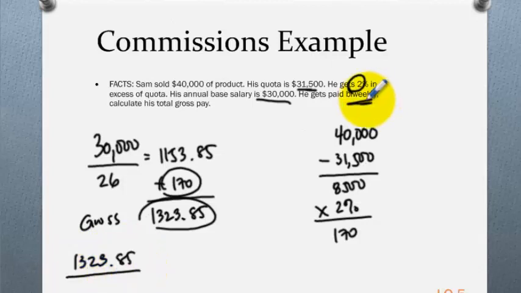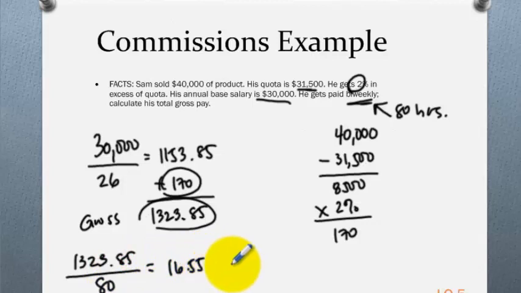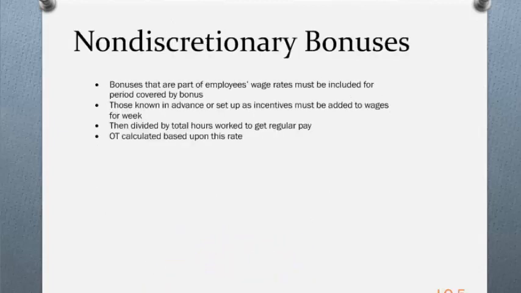If he gets paid bi-weekly, that means he gets paid every 2 weeks, which is 80 hours worth. So I'm going to divide his pay by 80, and that gives me a $16.55 hourly rate. So is he paid minimum wage? Yes.